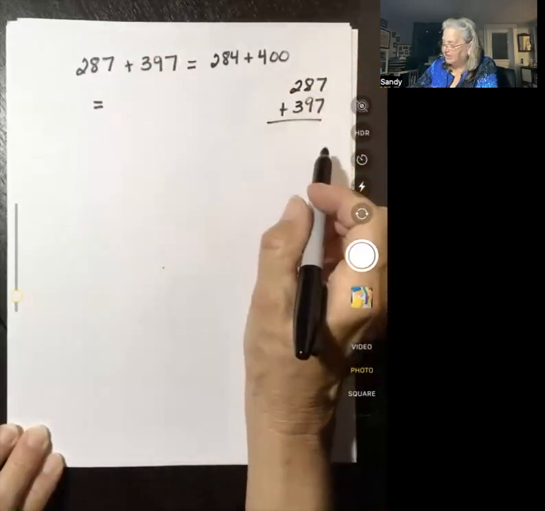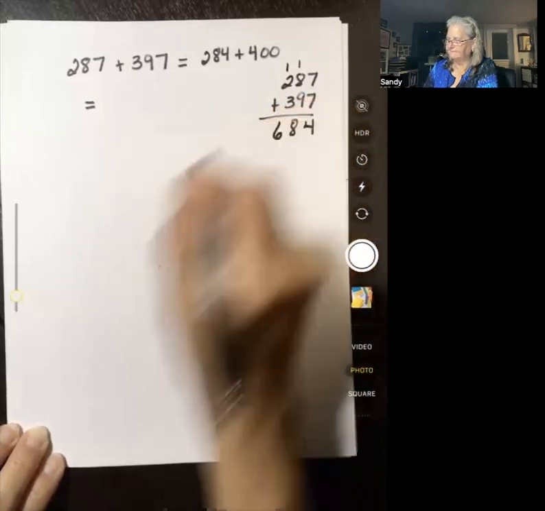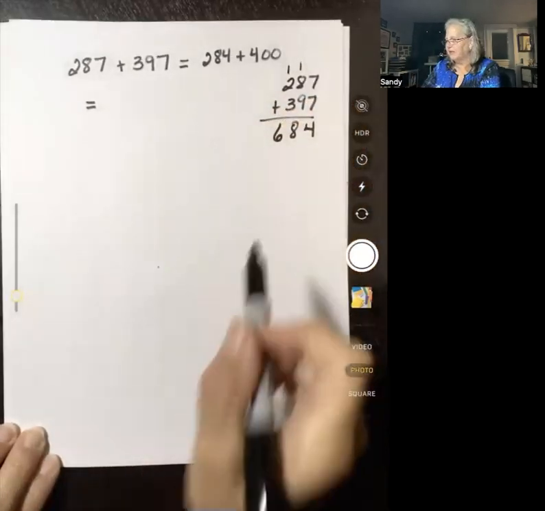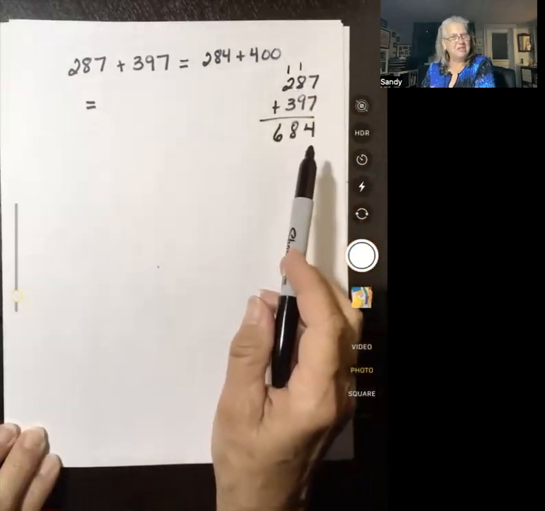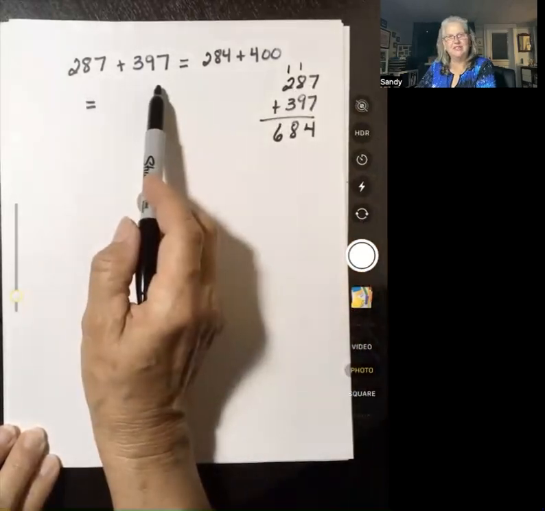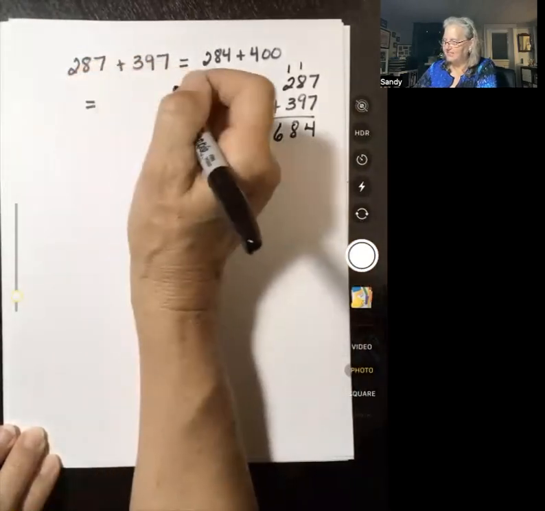I would have focused on the columns and it would have looked something like this. Okay, so I would have seen something where I had to do regrouping. This works, but it's requiring paper and pencil for a problem that doesn't need paper and pencil. Because how am I thinking of that 287?